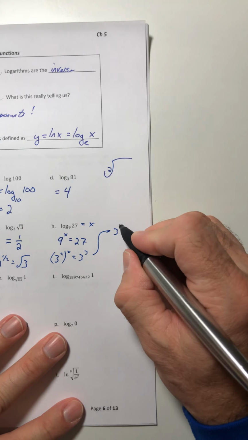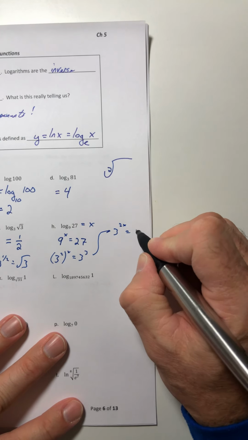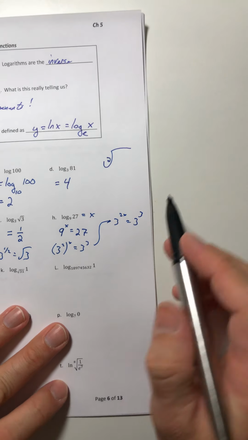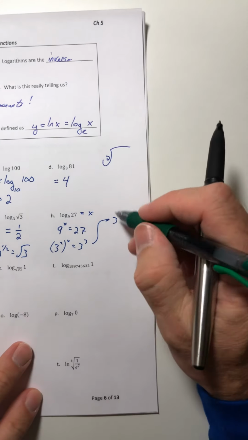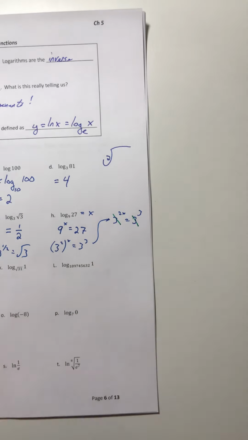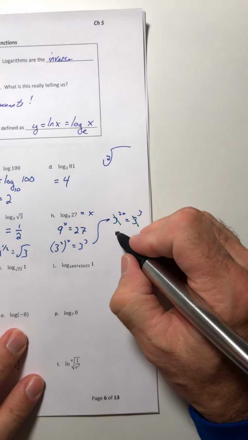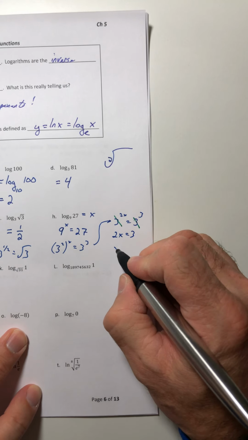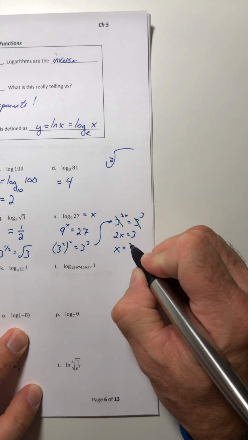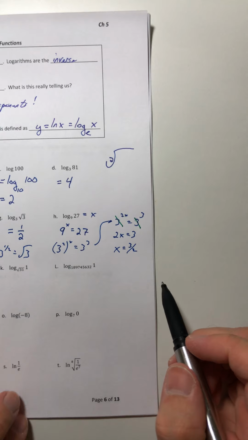So that would be 3 to the 2x equals 3 to the 3rd. And now that the bases are the same, they can drop out. So 2x is equal to 3, or x is equal to 3/2.